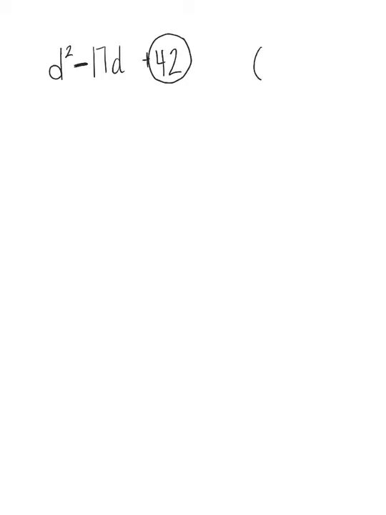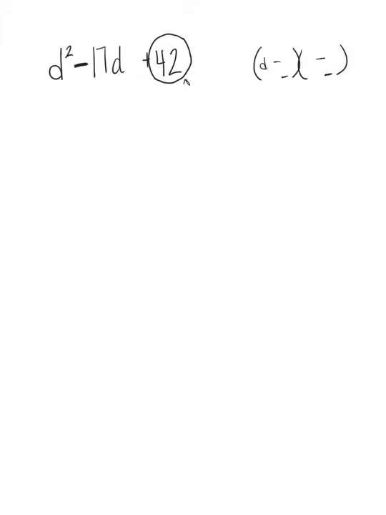So what I'm going to end up with when I have a pair of terms is they're both going to end up being negative. And here's why. Remember that in order to get my 42, I have to multiply whatever this term is by this term.